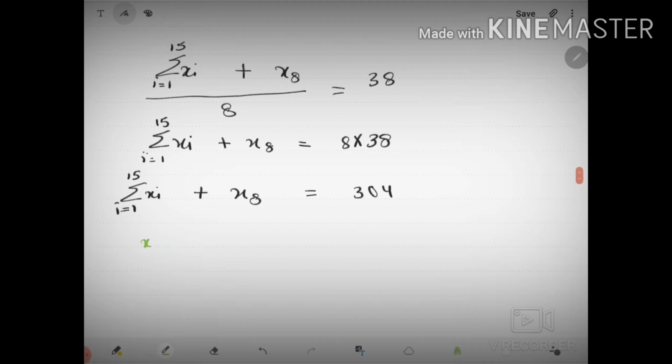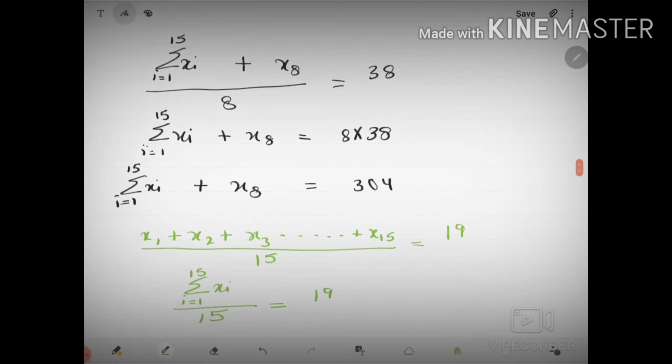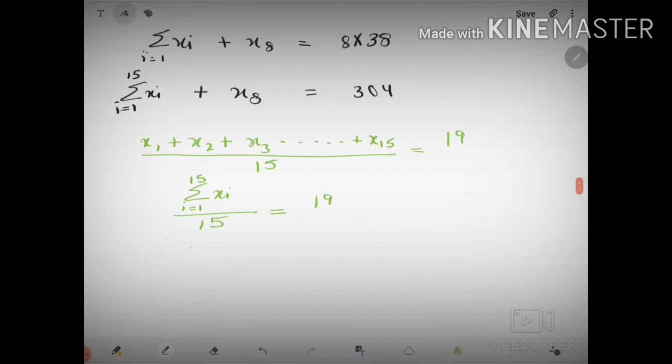The sum of all 15 observations, x1 plus x2 plus x3 and so on till x15, divided by 15, is given as 19 in the question. So I can also write this in sigma form. This is sigma xi, i equals 1 to 15, upon 15, which equals 19, and hence I have sigma xi, i equals 1 to 15 equals 19 into 15.